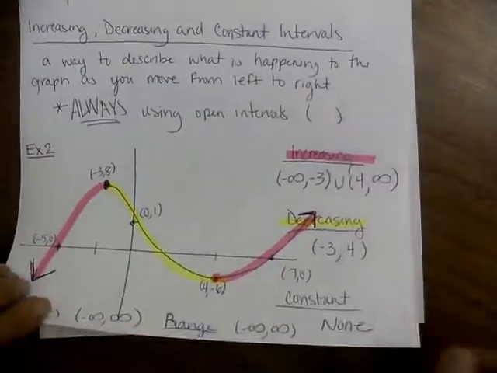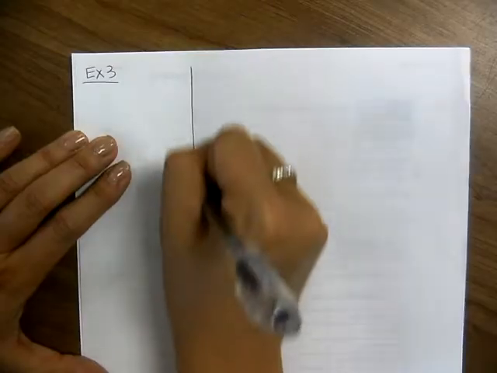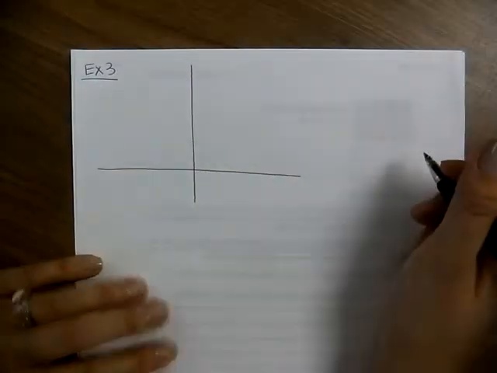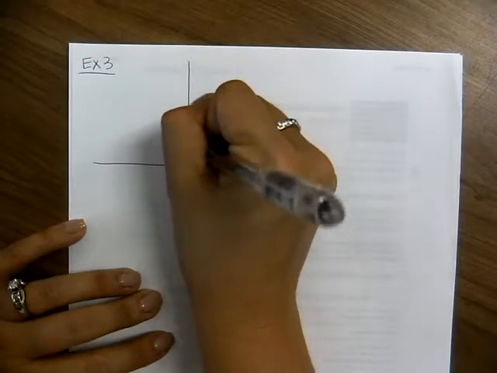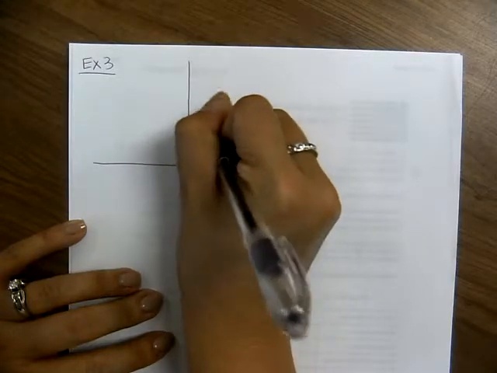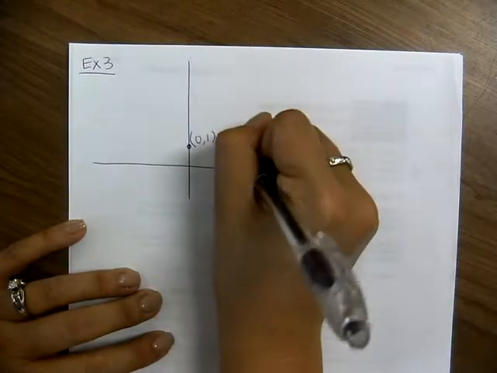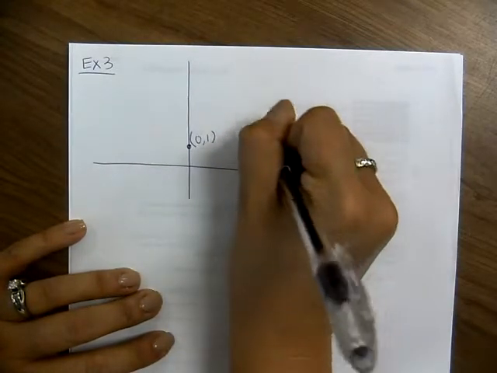We're going to try another one of these. I'm going to give you the picture, and then you're going to figure out those pieces. So, let's say I have this graph. 0, 1, 5, 1.